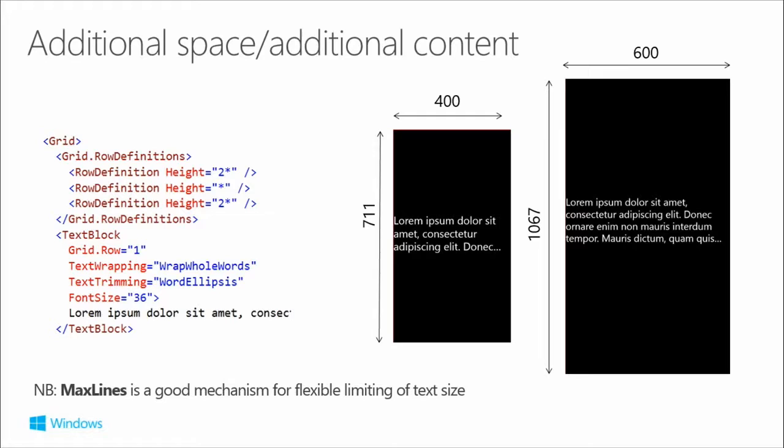We fit more words across the screen, and then we get an additional line stacking in the text. If we want to put hard limits on that, we can always use something like max lines on our text blocks to say 6 lines is enough for this piece of text. After that, we just don't need any more.